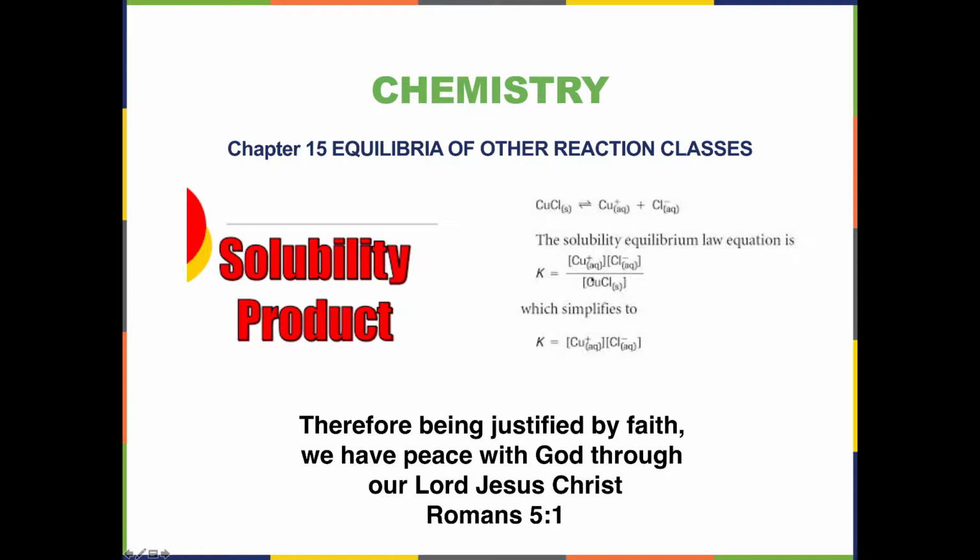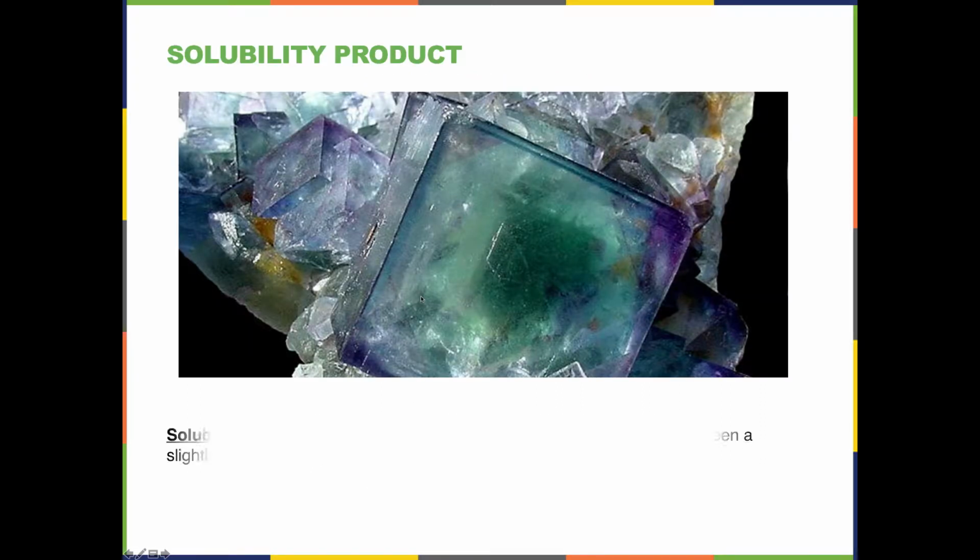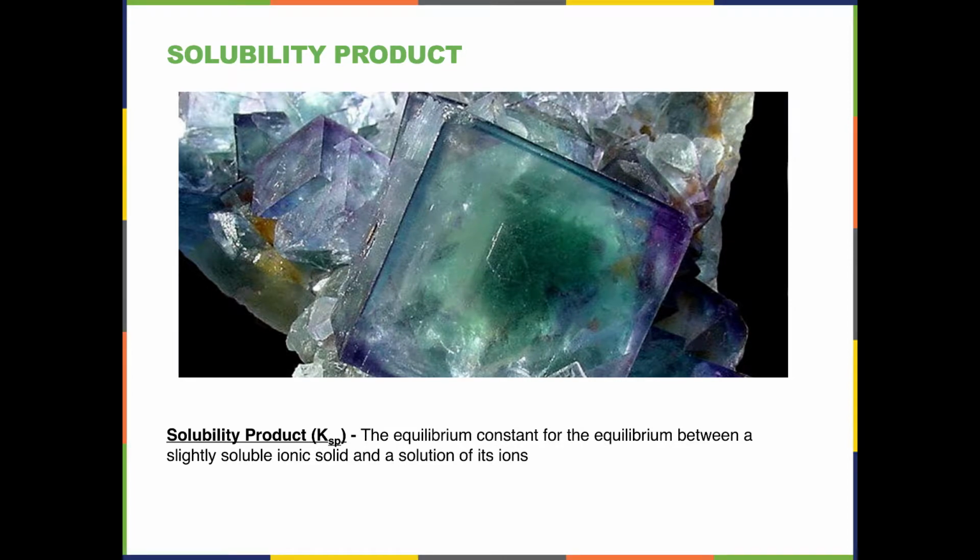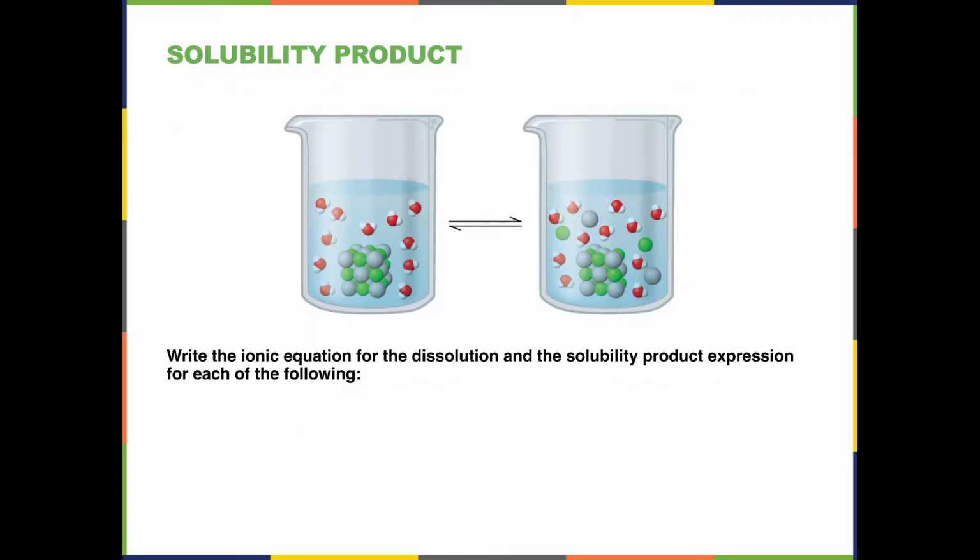The solubility equilibrium would be written in this way, and we know that the solid is not taken into account, so it simplifies to just the product of these two ion concentrations, which is one of the reasons why this is called the solubility product. So the solubility product, or KSP, is the equilibrium constant for the equilibrium between slightly soluble ionic solids and a solution of its ions.